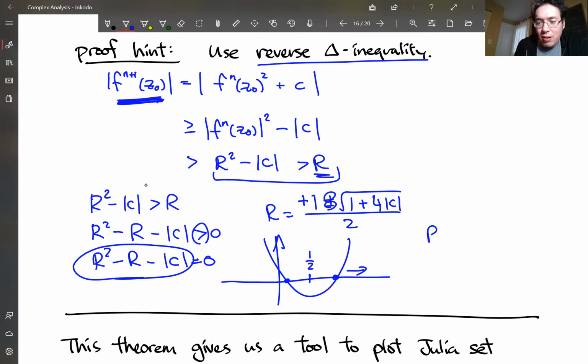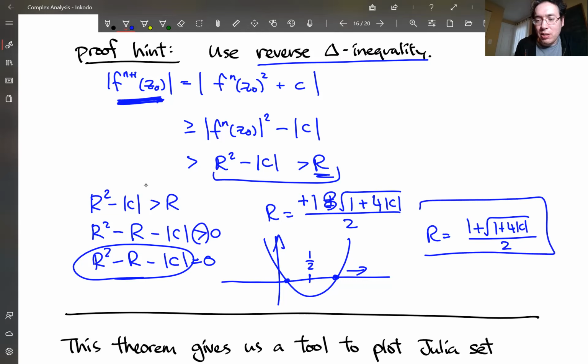So the r that works is 1 plus the root of 1 plus 4 times the modulus of c, all over 2. I hope that made sense. As long as r is greater than this, r squared minus the absolute value of c is going to be greater than r itself. And that's how they got the previous formula.